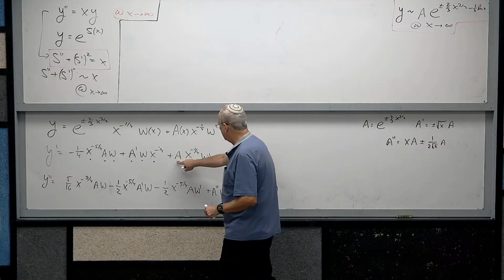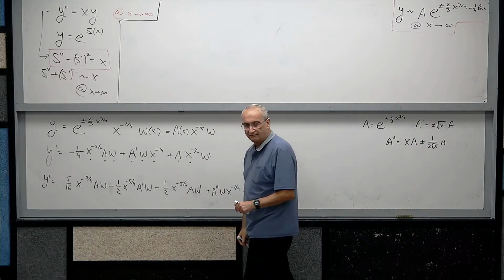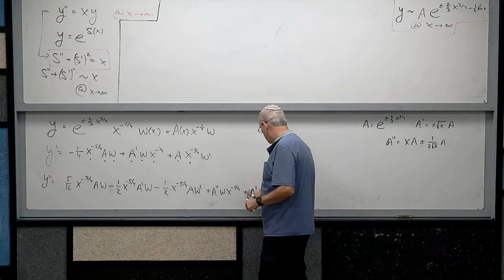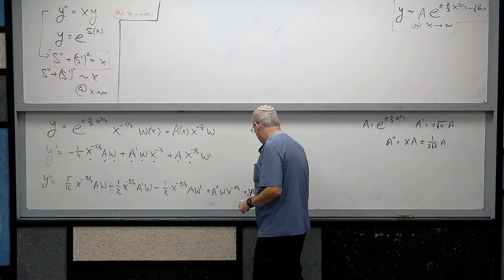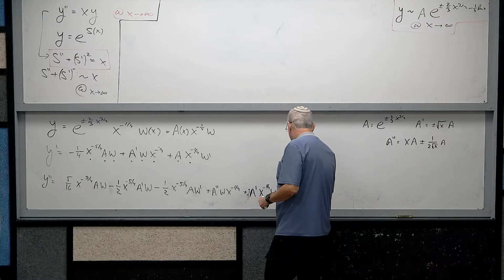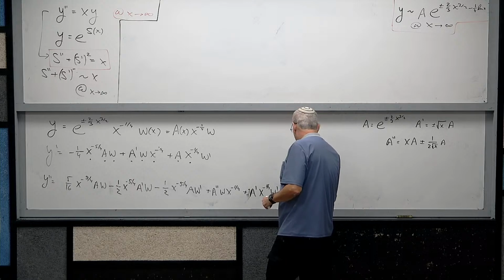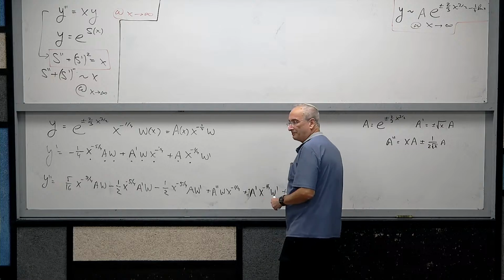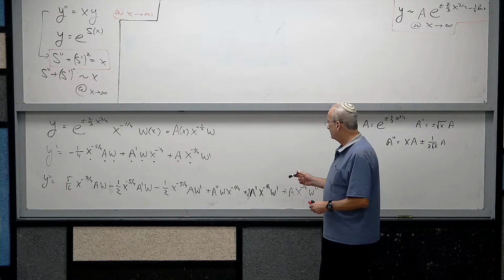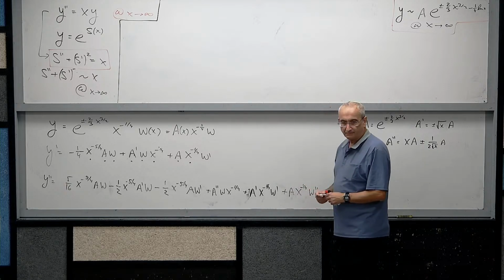However, this will be also what I will get if I take the derivative here. So again, I have a factor of 2 here. And finally, I have plus A times x to the minus 1/4 times W double prime. Okay? This is y double prime.